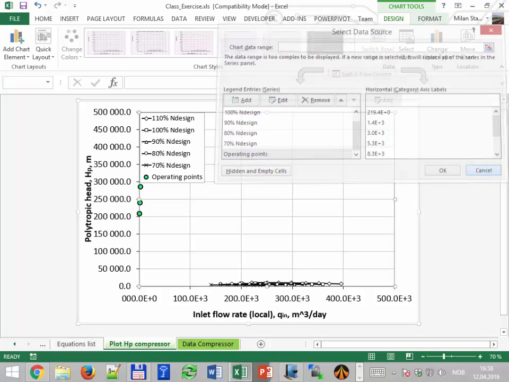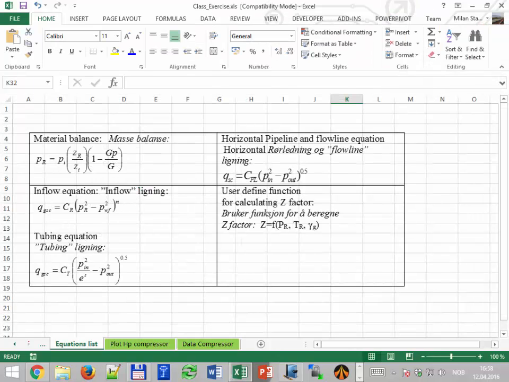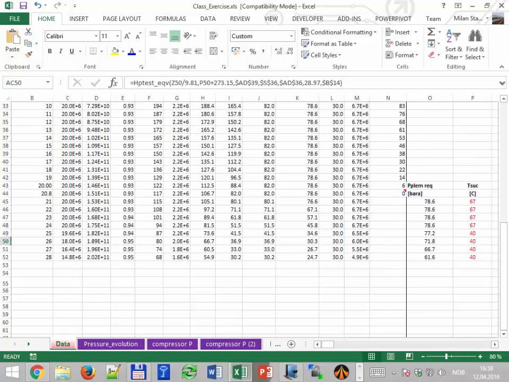Okay, so we are going to plot on the plot of the test data. We have already converted the actual values, the polytropic head and also the actual rate, to this test using these correction coefficients. We didn't go too much into detail, but that's the way it's done. And we want to plot it on the compressor map on the test conditions to see how they look.